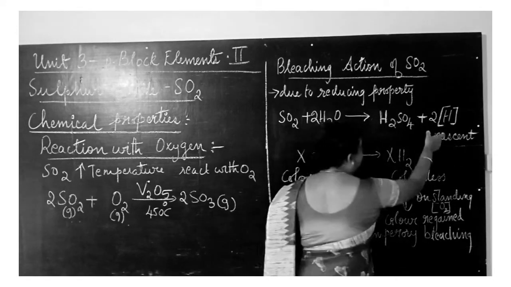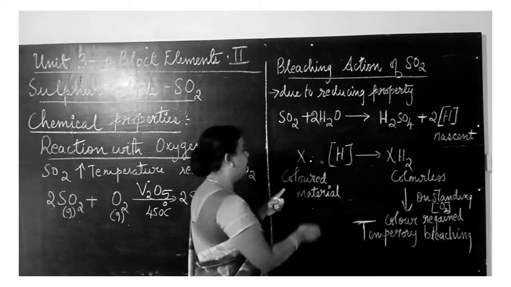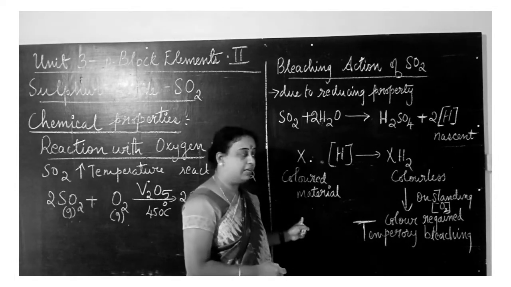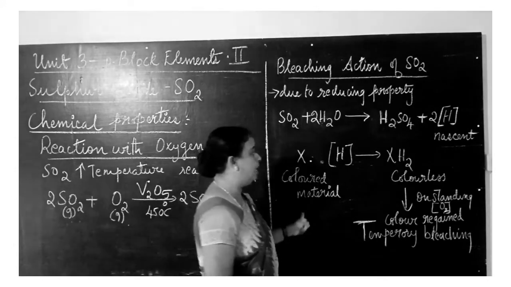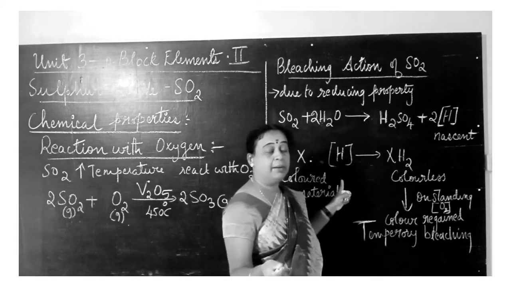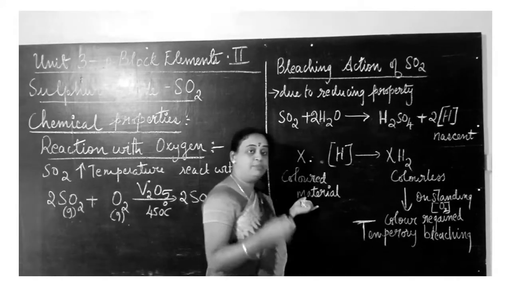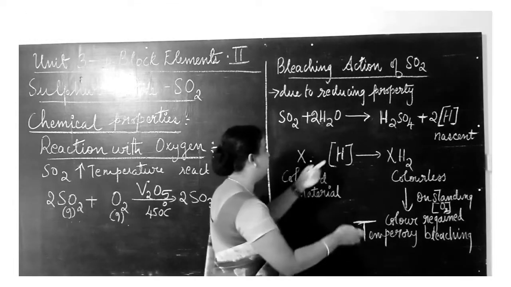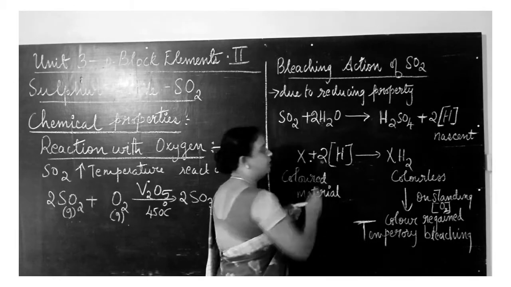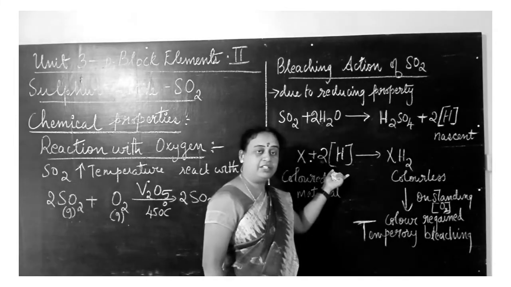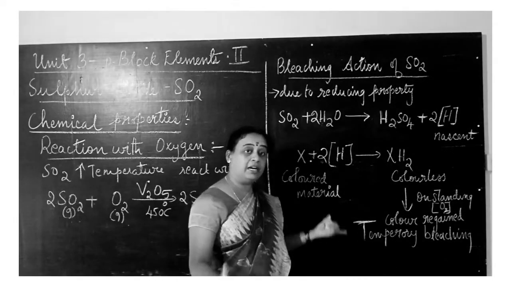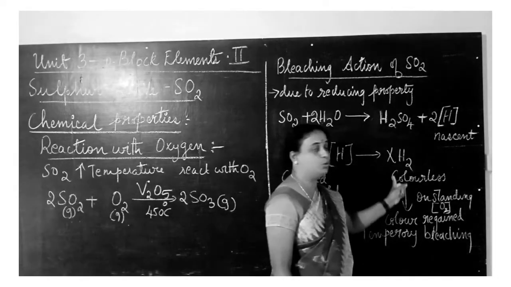Now this highly reactive nascent hydrogen reacts with the colored material. Here X is nothing but your colored material. It reacts with the colored material and it becomes colorless material. So color is lost by the action of this nascent hydrogen. How many nascent hydrogens? 2 nascent hydrogens react with the colored material and make it colorless material, that is XH2.